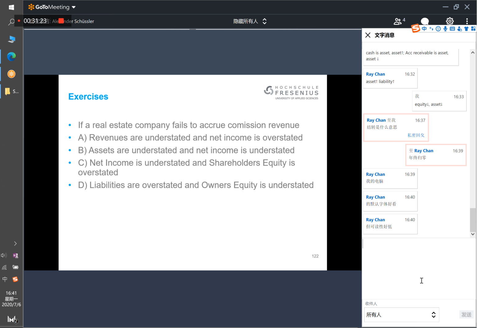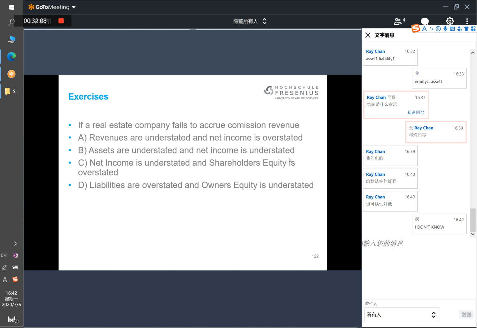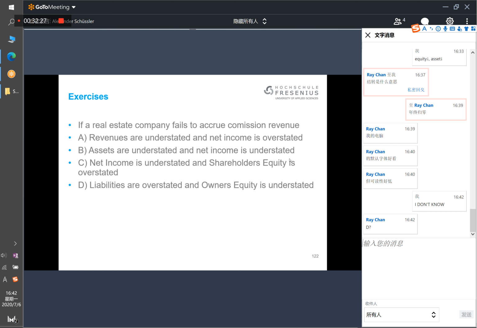If a company fails to accrue commission revenue, when there is revenue, actually the company should book revenue, but it doesn't book revenue.